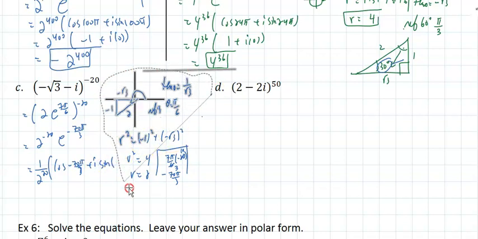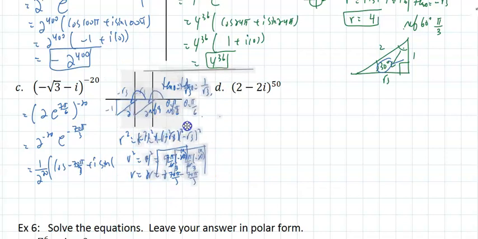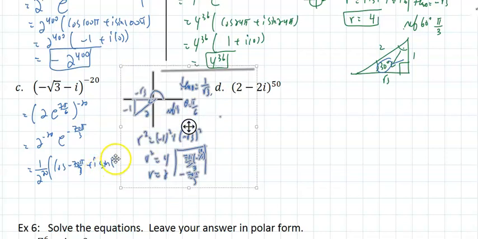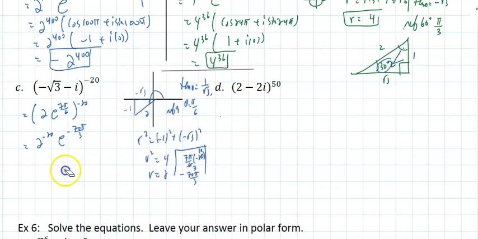Okay, a bit more space will do. When to switch things, I have plenty of room. That would be 1 over 2 to the 20 times the cosine of negative 70 pi over 3 plus i, the sine of negative 70 pi over 3.